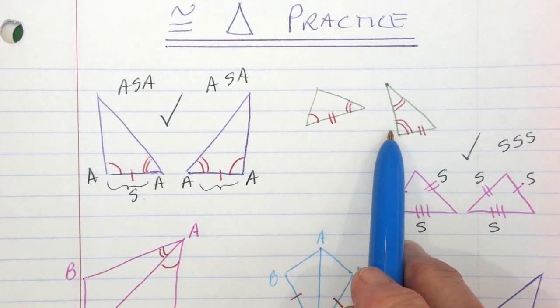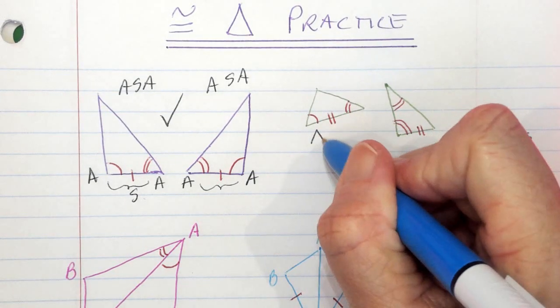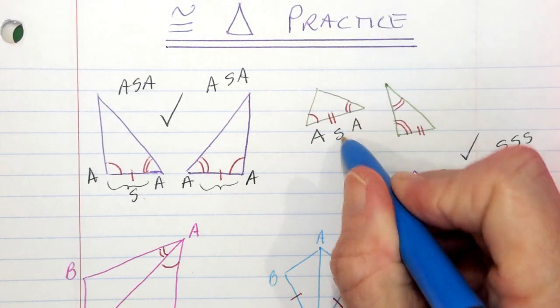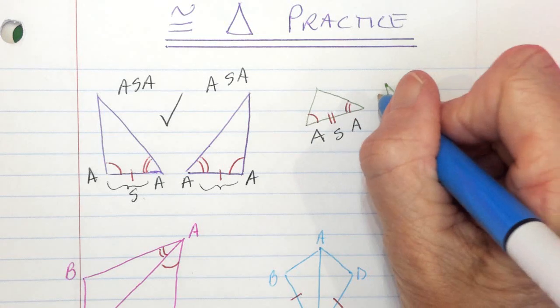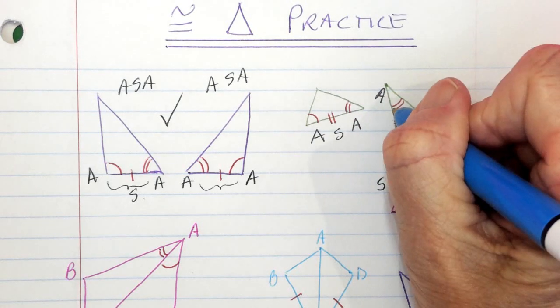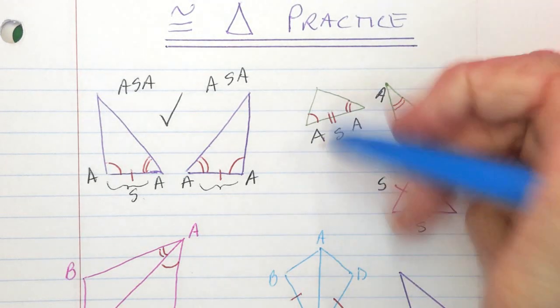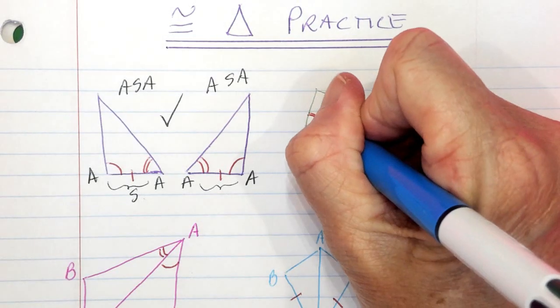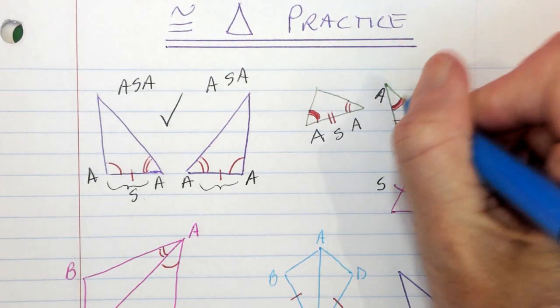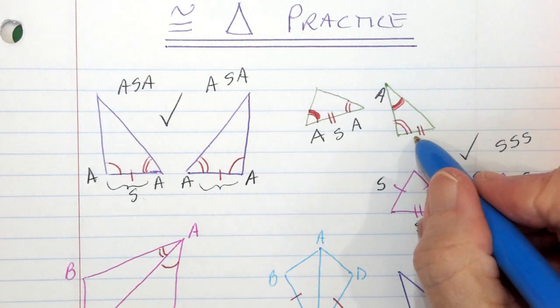Let's try these smaller green ones. I have angle, side, angle. So again, it is the included side between the two angles. And here I have one mark here, like one mark here. There's an angle marked. Here's an angle marked.